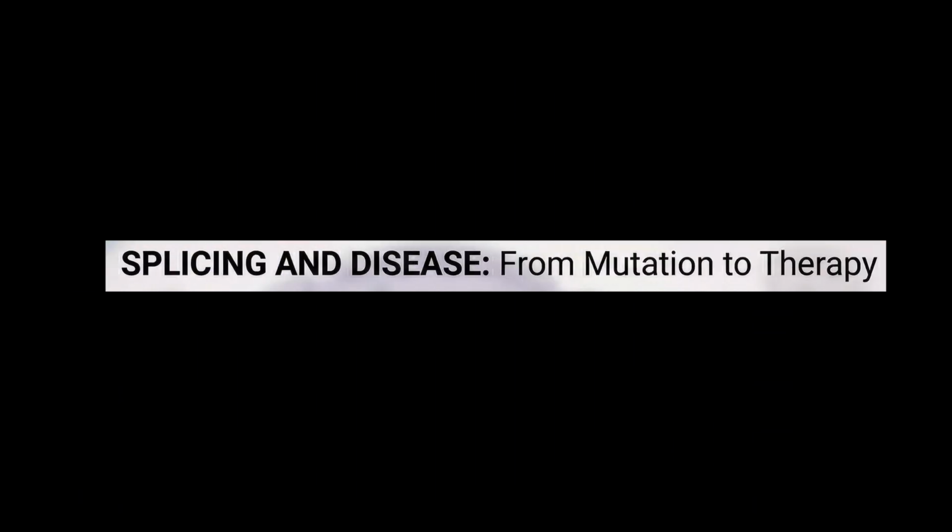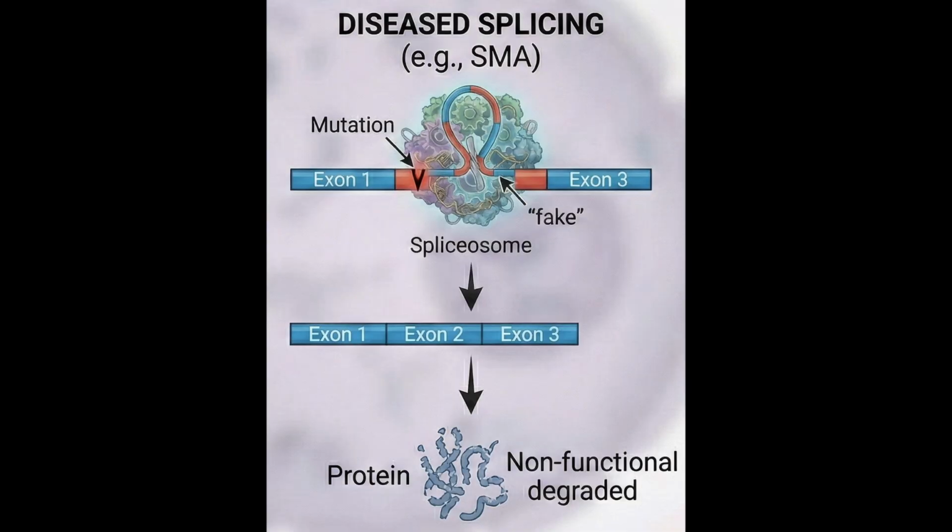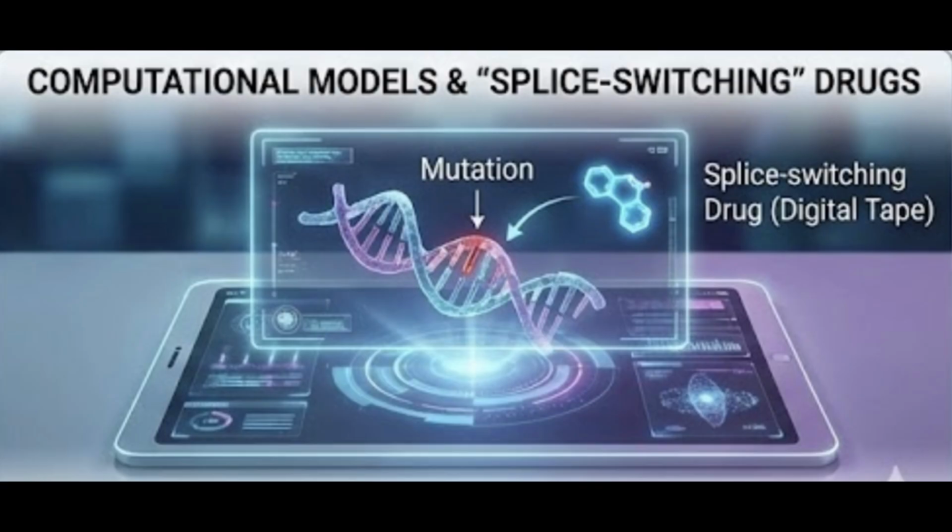Diseases like spinal muscular atrophy, SMA, and many cancers are caused by splicing gone wrong. By solving this problem computationally, we build models that can predict how a mutation might create a fake splice site. We are now even designing splice switching drugs that act as digital tape, covering up bad splice sites to fix genetic diseases at the RNA level.